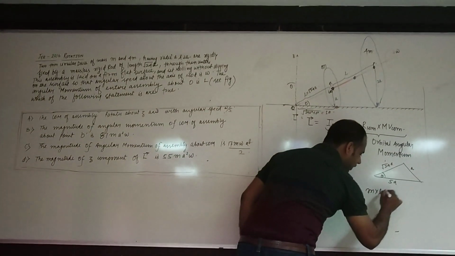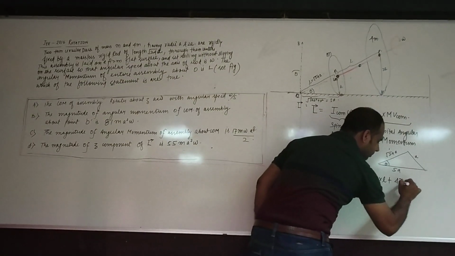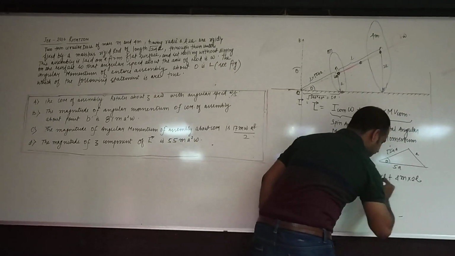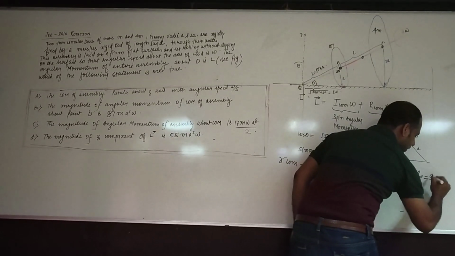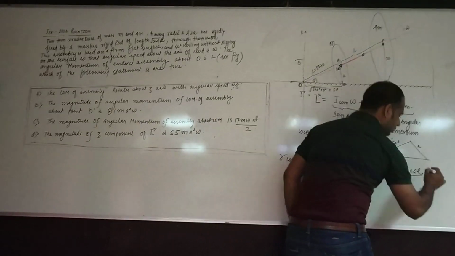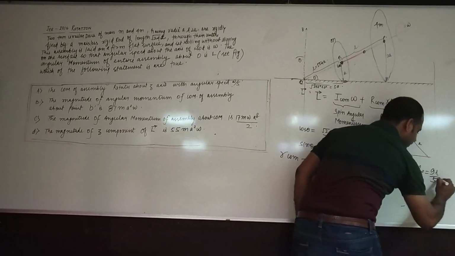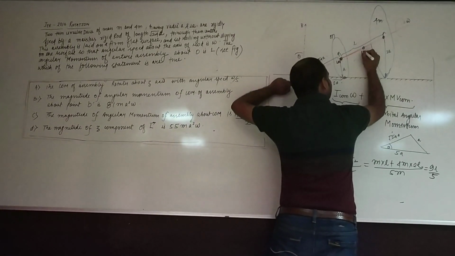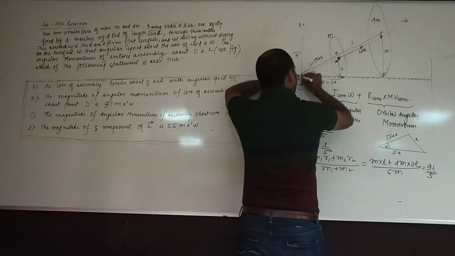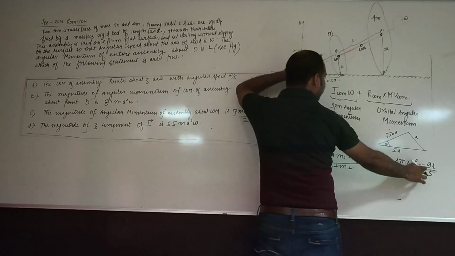So this will be equal to M into L plus 4M into 2L upon 5M, that gives out to be 9L by 5. So the distance of the combined center of mass from O will be 9L by 5.